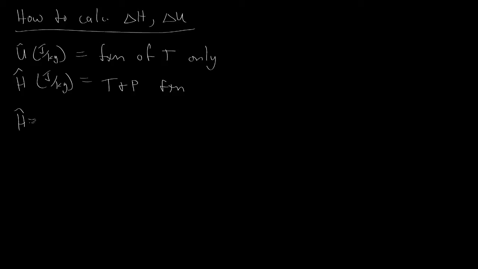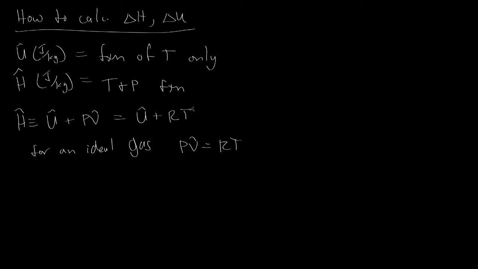Enthalpy is defined as the internal energy plus the PV work that is associated with it. However, for an ideal gas, and this is what we are predominantly going to be using, PV is equal to RT. So if we perform the substitution, this is equal to U hat plus RT, and as we can see here, there is no pressure dependency.